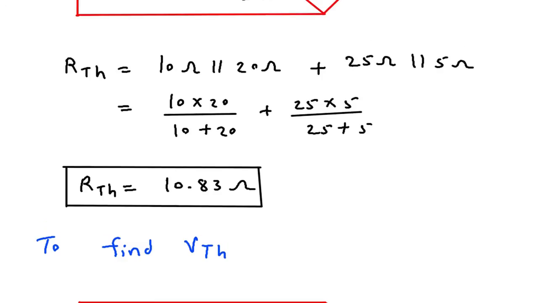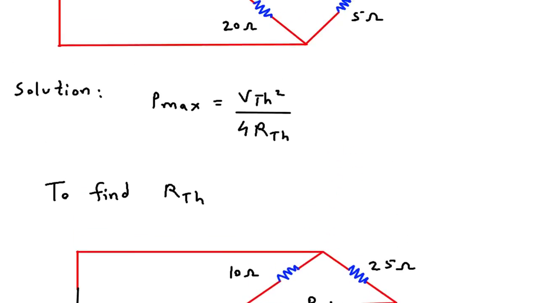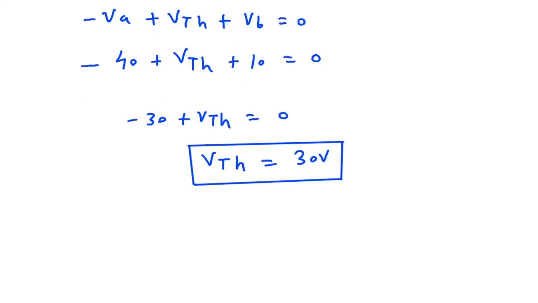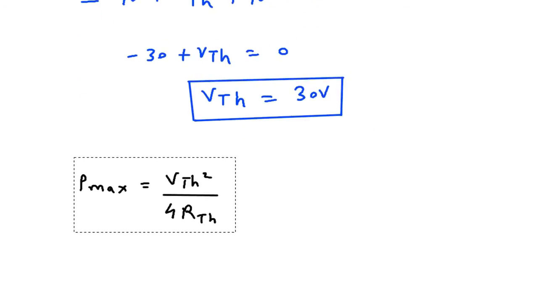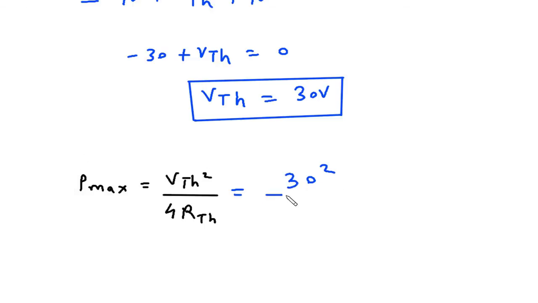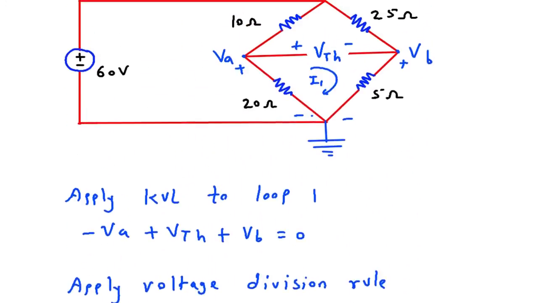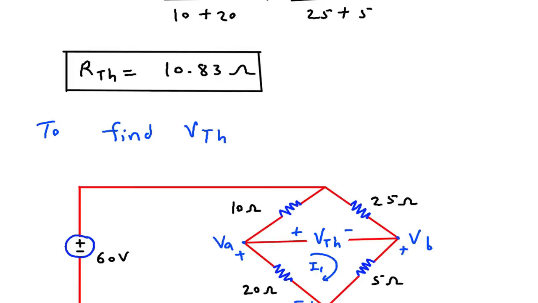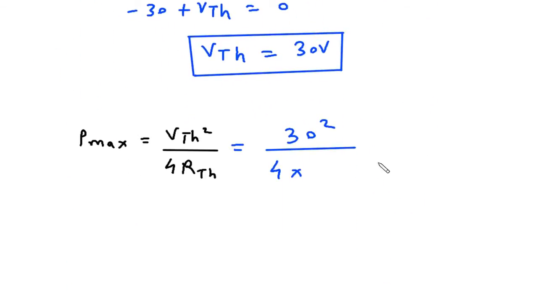Now we have the value of VTH and RTH. From this we can find P max. P max is equal to VTH square by 4 RTH. VTH is 30 square divided by 4 into RTH. Now this RTH is 10.83.